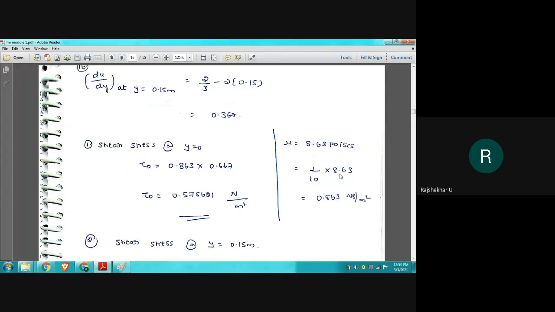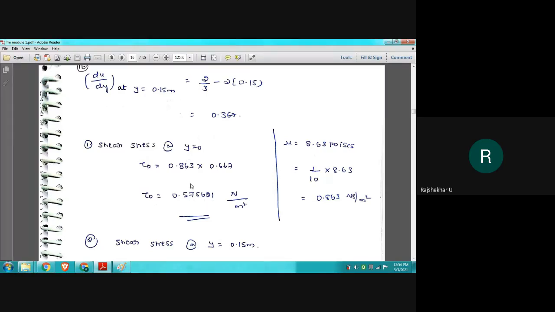After dividing it by 10, you'll get the answer in Newton second per meter square. It is in SI unit, so the formula is for SI unit. So the SI unit value is substituted, and at y is equal to 0, the du by dy answer is 0.667. So we'll get tau is equals to 0.575621 at y is equals to 0.